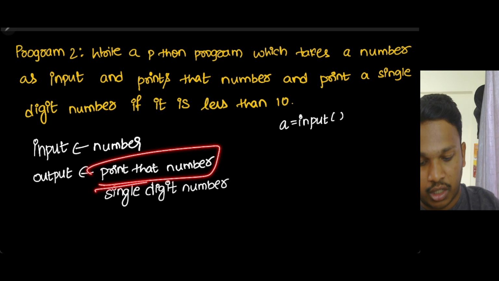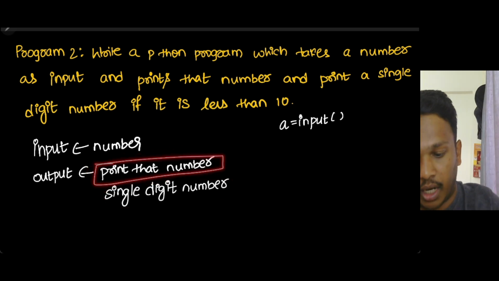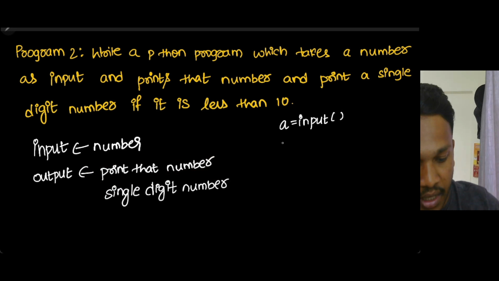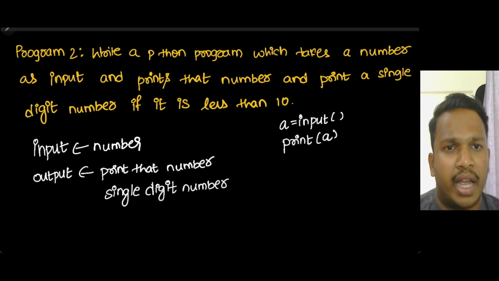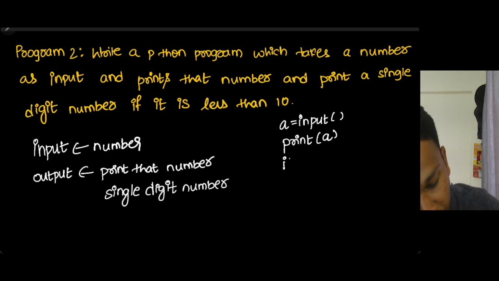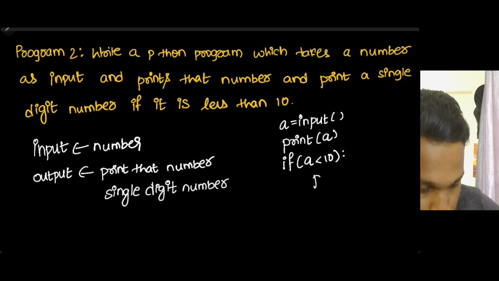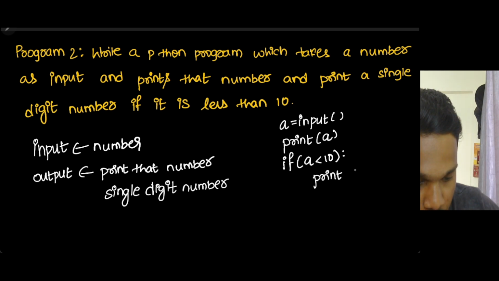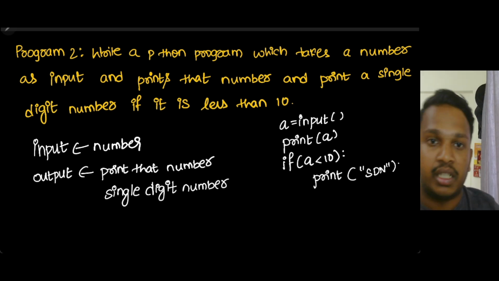So I am printing a, the number as it is. Next, if a less than 10, special treatment, I should print single digit number.